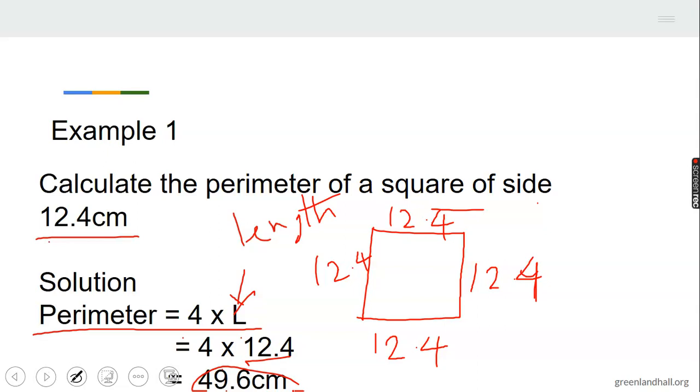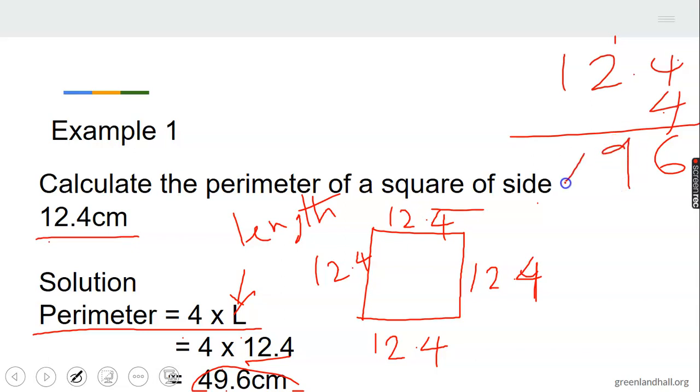I believe you know how to multiply. Now, 12.4 times 4. 4 times 4, 16. You take 1 here. 4 times 2, 8, plus 1, 9. 4 times 1, 4. You put your dot. So you have 49.6 centimeters.